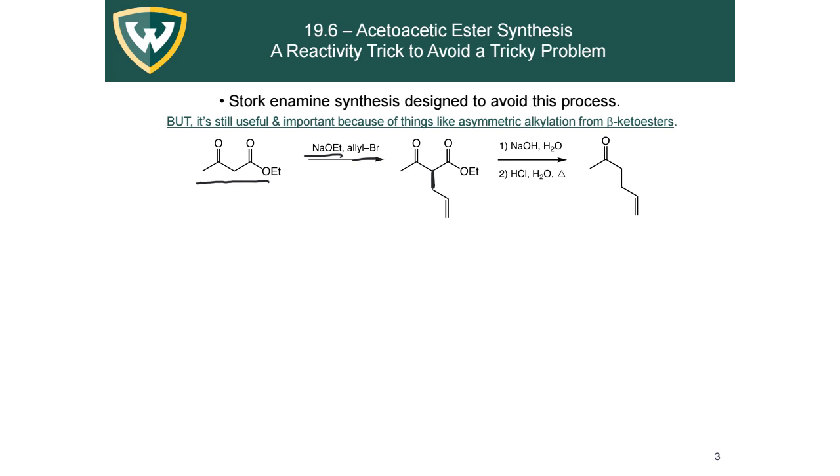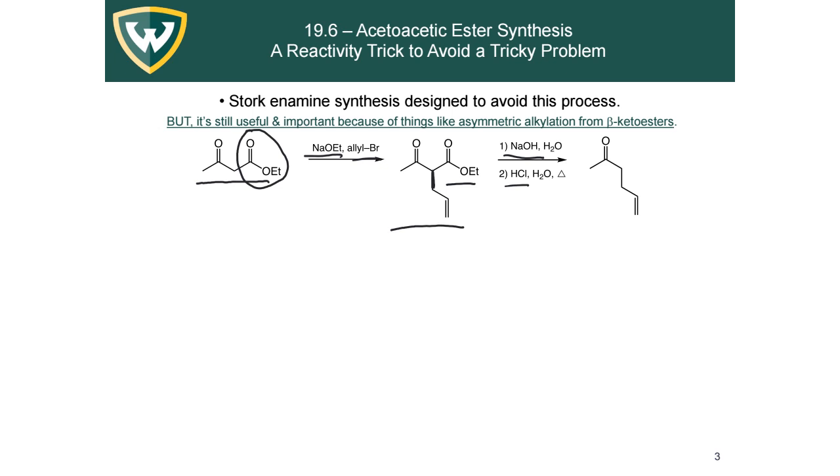And then the next step is to remove the ester via basic hydrolysis and then decarboxylation with acid. This yields the monoalkylated product in high selectivity. And so the key take-home message here is that the added ester is a group that can be used to control the selectivity of alkylation, that is, give a monoalkylated product if we so choose.